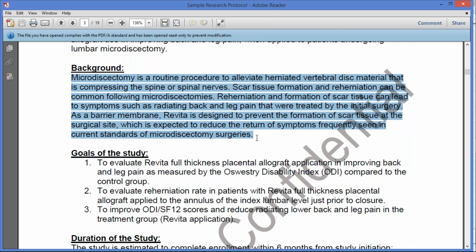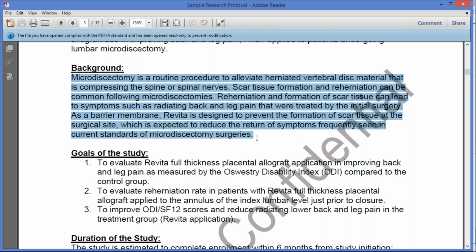And we'll do the surgery. But the two common problems from the surgeries: scar tissue formation and reherniation rate. These two are the common problems. Reherniation and scar tissue formation can lead to symptoms again even after surgery. Also, the patient might be suffering from back pain and leg pain because of these two problems: reherniation and formation of scar tissue.